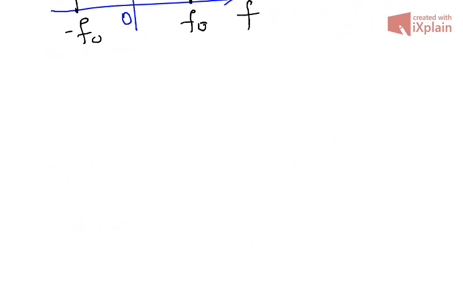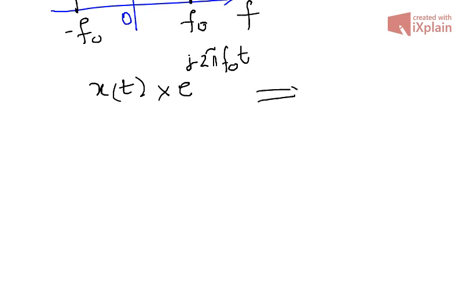Another important property is the modulation property. If you multiply your x of t with the complex exponential e to the 2 pi f naught t, what happens to the spectrum of x of f? X of f is shifted to f naught.